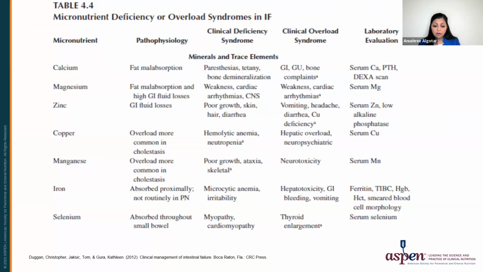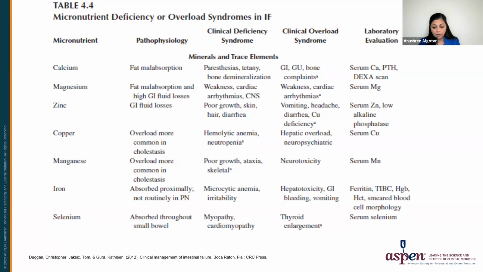Micronutrient deficiencies occur in intestinal failure mainly due to malabsorption, increased losses, and loss of functional gut mass. Micronutrient monitoring is undertaken mainly as a means to guide provision of supplemental nutrition while attempting to replete the deficient nutrient. Overload is a possibility when providing supplemental nutrition, and it needs to be monitored as well.